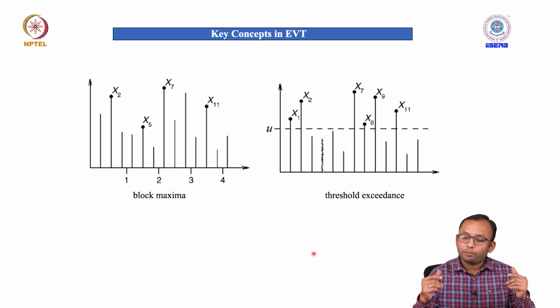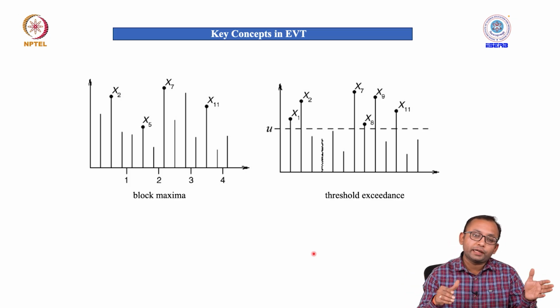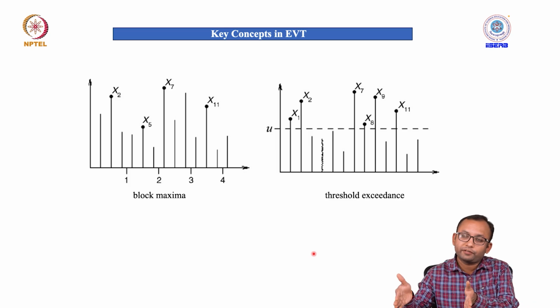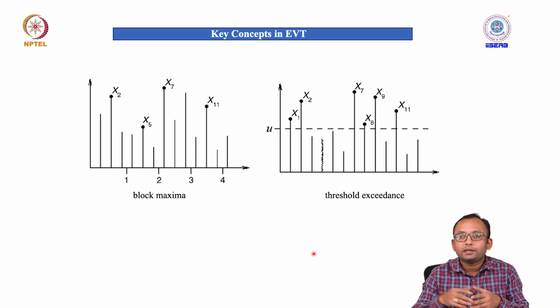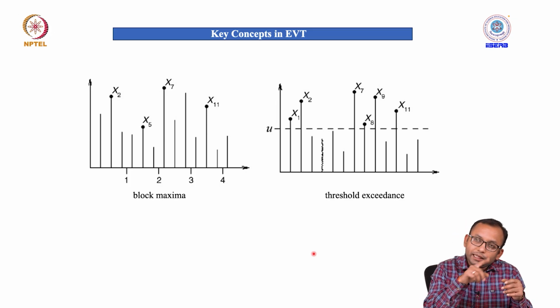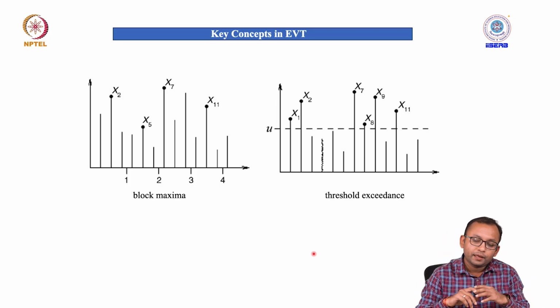The block can be your annual maximum series, for example, where you take 365 or 366 days, the annual data set, as a block, and for each annual data set you calculate the maximum value.